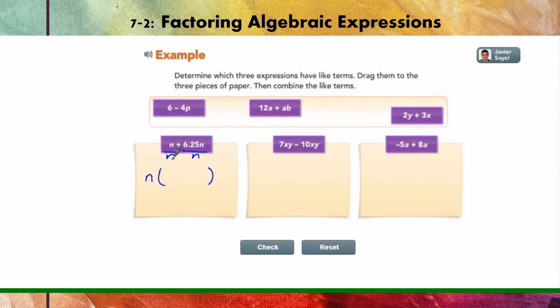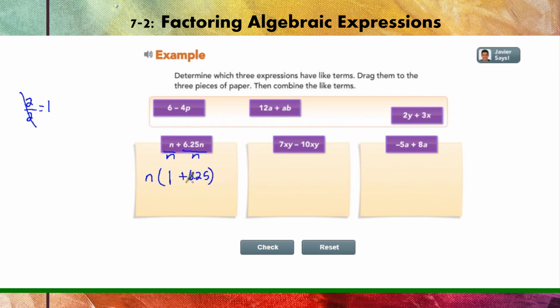And n divided by n, let's think again. Let's say the value of n is 2. 2 divided by 2 is 1. So instead of just crossing this out, we're actually going to put a 1 inside of the parentheses. And 6 and 25/100ths n divided by n, we are going to be left with a positive 6 and 25/100ths.